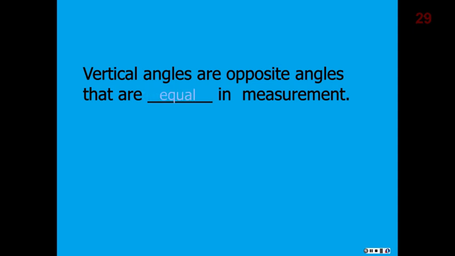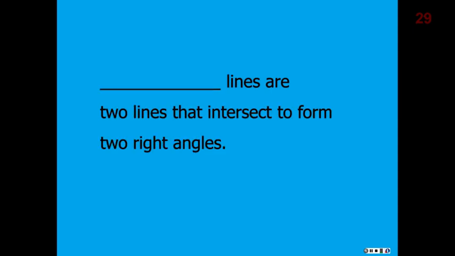Opposite angles are equal. So if you had said equal, same size, congruent, same thing, okay? Blank lines are 2 lines that intersect to form 2 right angles. What kind of lines are those? Perpendicular, okay?